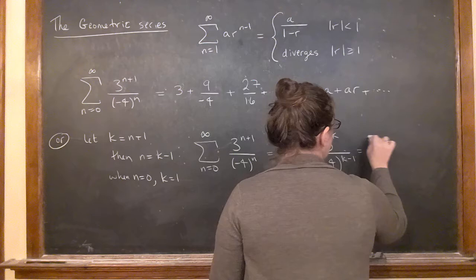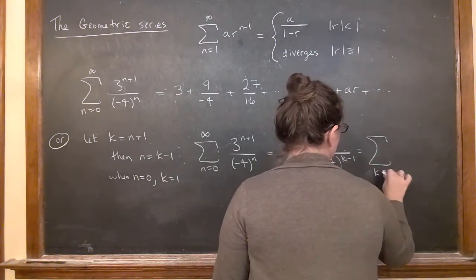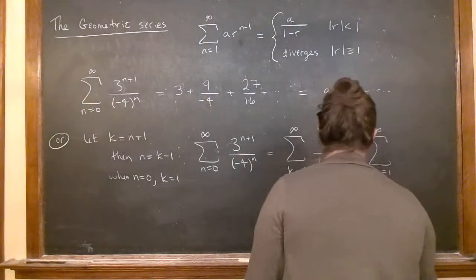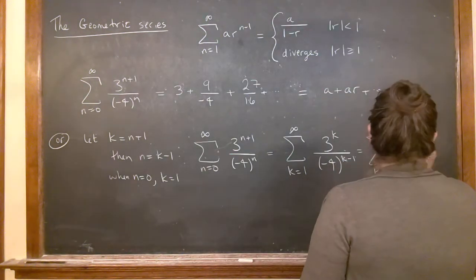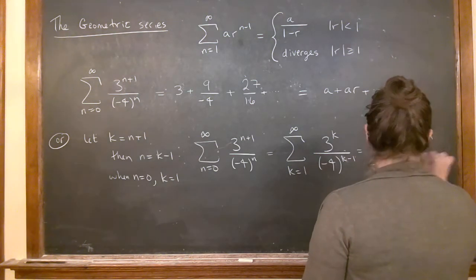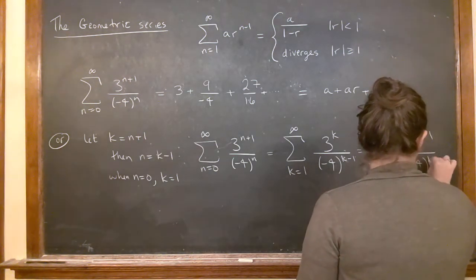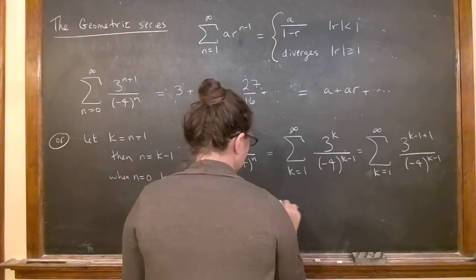So, rewriting, k equals 1 to infinity. 3 to the k will be 3 to the k minus 1 plus 1 over minus 4 to the k minus 1. So like I have an extra 3, right, like I did in the other case.